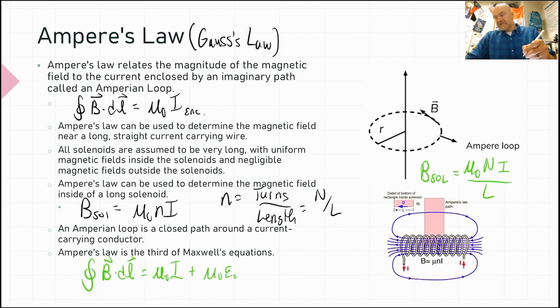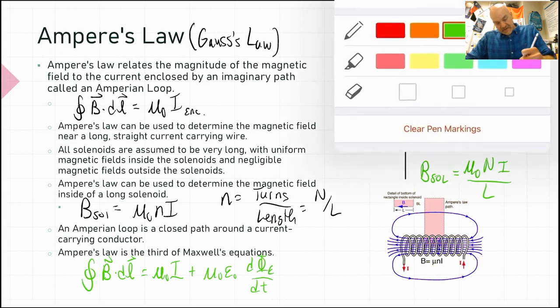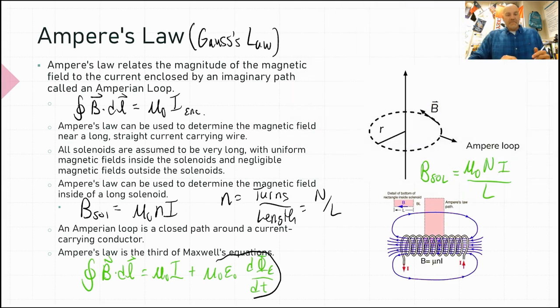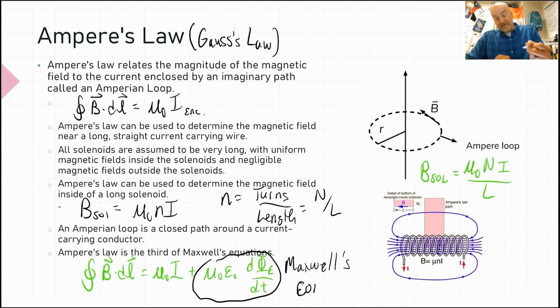And then here's Maxwell's contribution: mu 0 epsilon naught times d phi electric over dt. That is Maxwell's contribution to his set of equations.